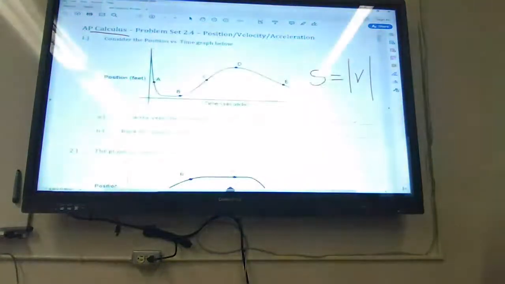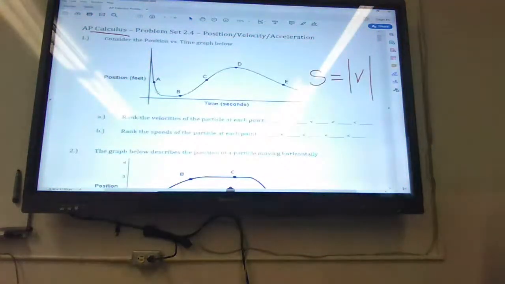It's the difference between, you guys remember average rate of change? One of my examples was if I drive my car 100 feet in 4 seconds, then my average rate of change would be 100 divided by 4, 25 feet per second.